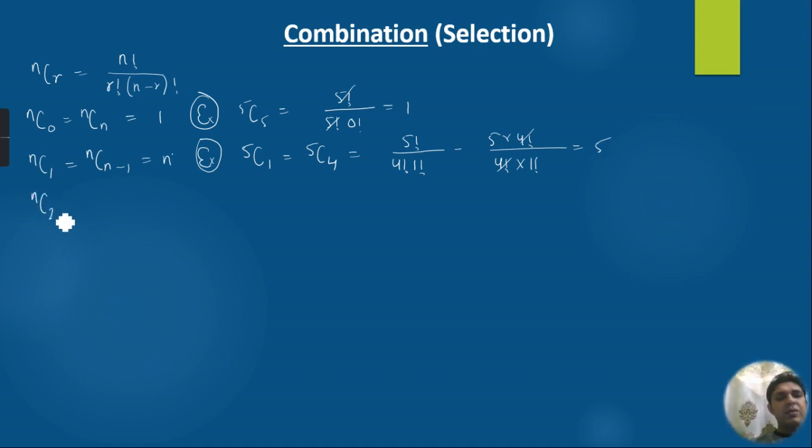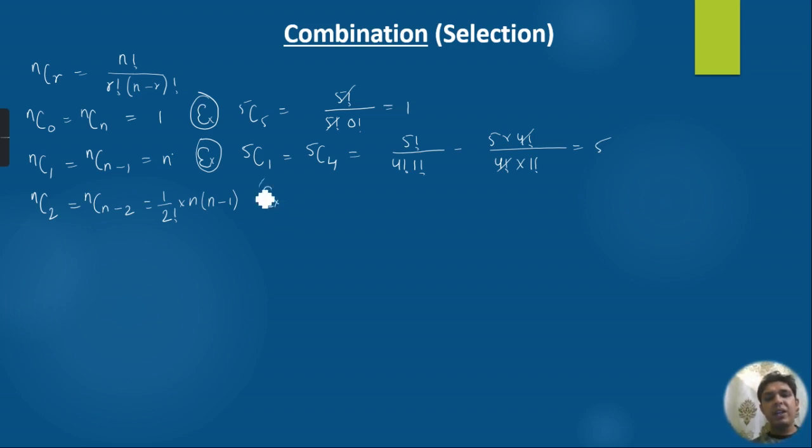Next, if I have to select two things out of n, I can write it as selecting n minus 2 things out of n, and the value will be equal to 1 by factorial 2 multiplied by n into n minus 1. Or you can simply put the values in the formula written above.